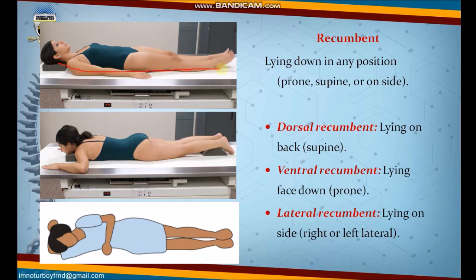That is from the term dorsal, or the back part of the patient placed in contact with the table. Ventral recumbent means the ventral portion or the front portion of the patient is placed in contact with the table. And then lateral recumbent is basically lying on one's side. It could be the right side of the patient, or the patient could be lying on her left side.